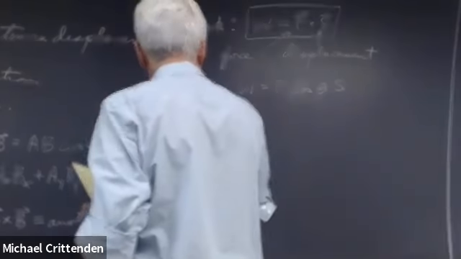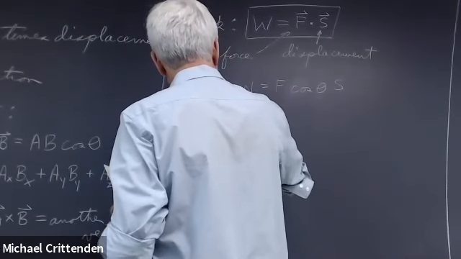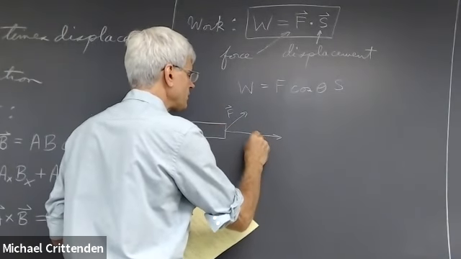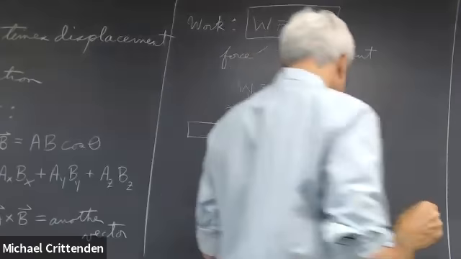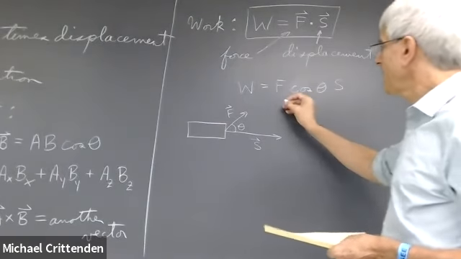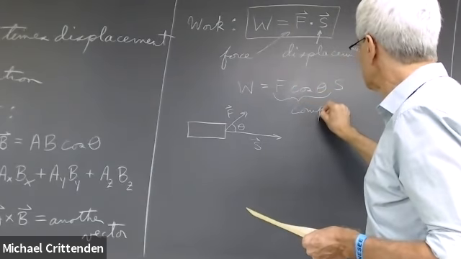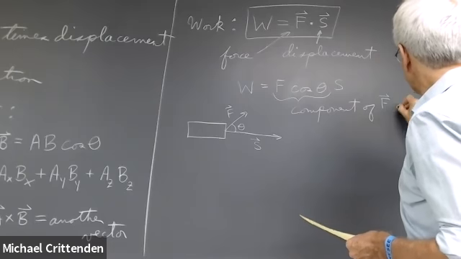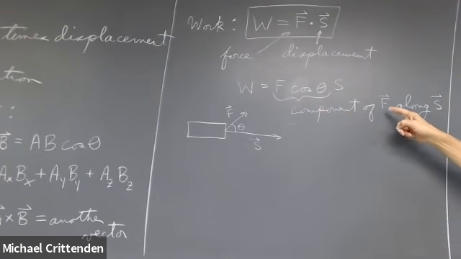If you have a force in that direction, and the wagon is being displaced in that direction, what F cosine theta is, is the component of the force along the displacement.